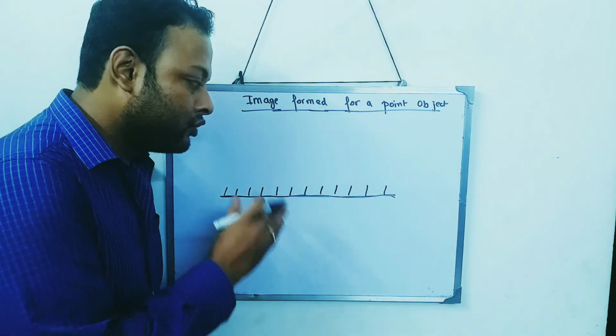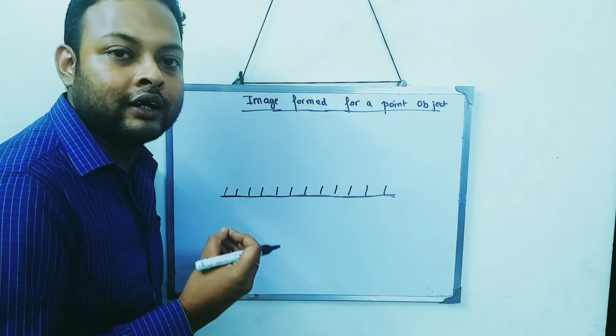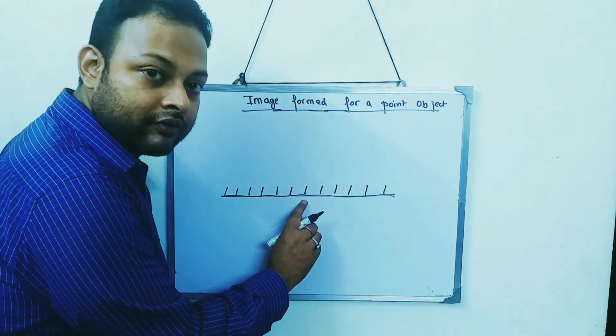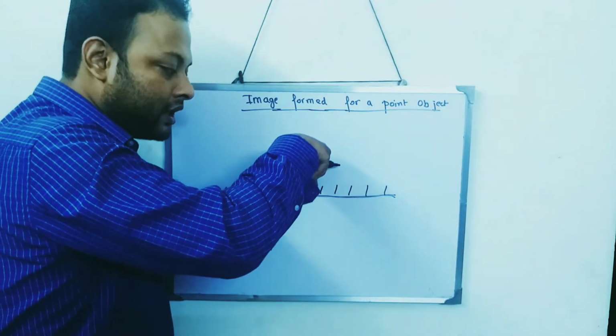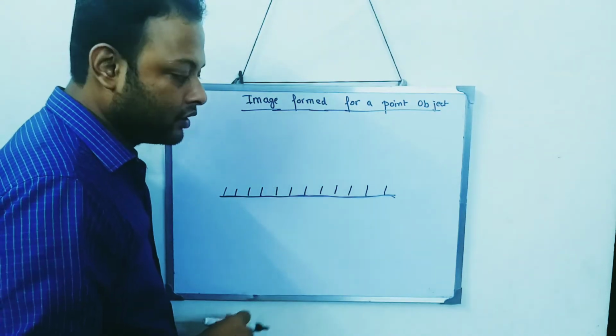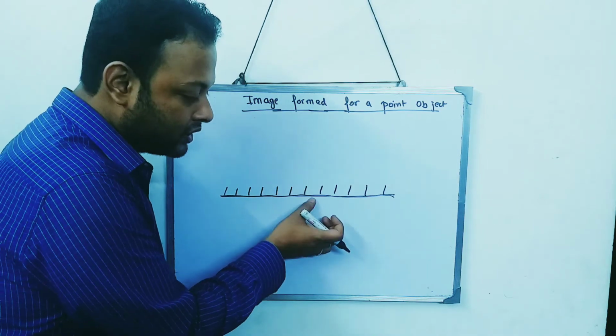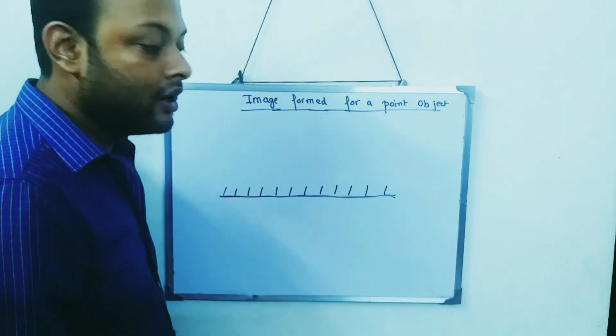By drawing the hatching, I represent that the top side is the silver side, the side which I am silvering, and the opposite bottom side is the reflecting side.